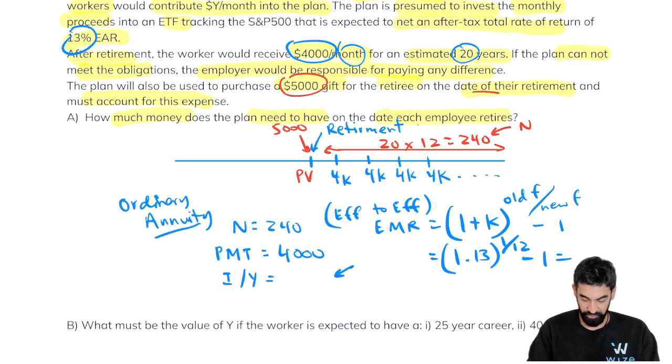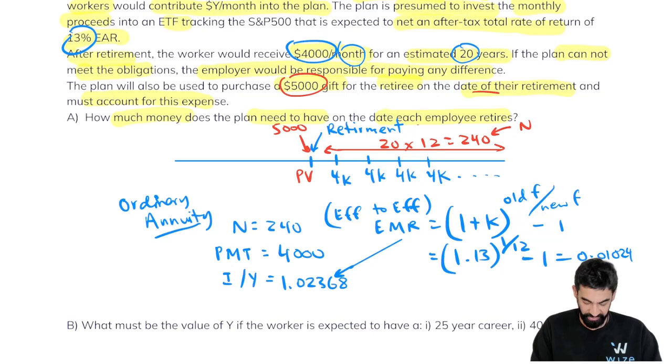So I do 1.13 to the power of brackets, 1 over 12. Remember to use brackets. And that will give me 0.01024. Basically, that would be 1.024%, or I could put even some more decimals, like 368, to avoid any mistakes with the rounding. Because in your financial calculator, you have to put it times 100 as a percentage.